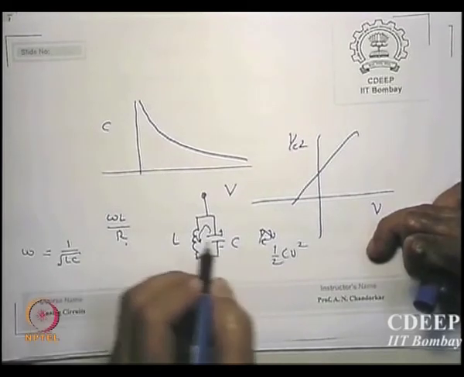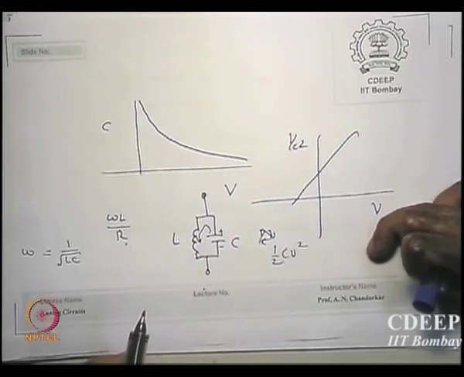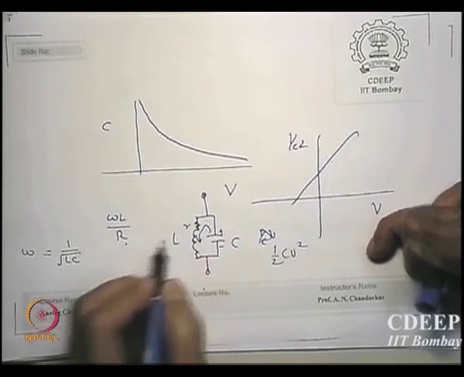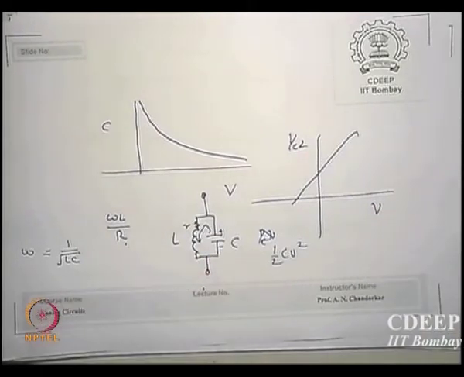Now in real life there is nothing called ideal inductance. So if there is a small r situated in series with an inductor, then IR will be some potential drop across it, which means there will be loss of energy dissipated in the resistor. So what will happen?